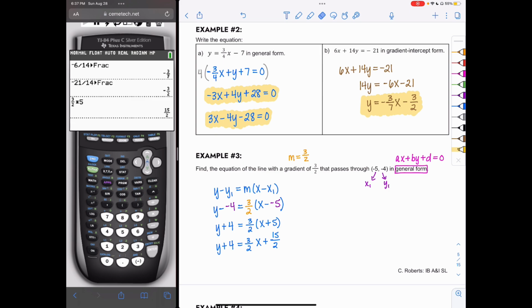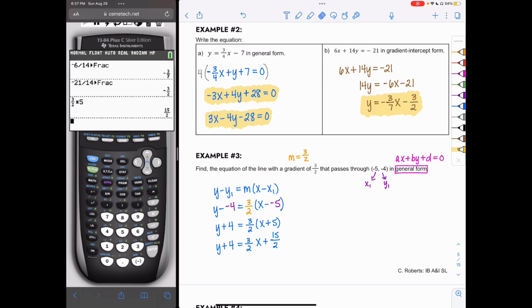So now what I want to do is I want to get everything to one side. Remember, we are focusing on general form. So that means I need to subtract either y and 4 on both sides, or I can subtract 3/2 x and subtract 15 over 2 on both sides. I'm going to get everything to the left-hand side.